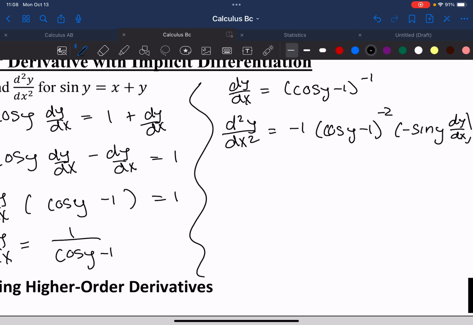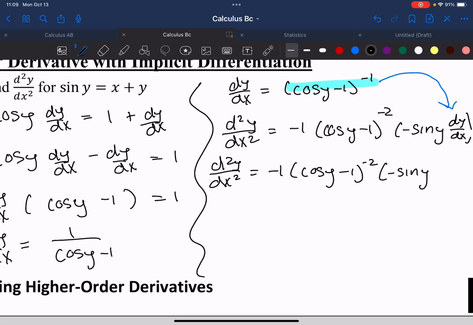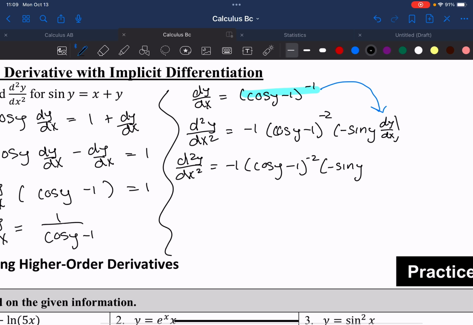So I'm going to plug this into here. So I have d squared y dx squared is equal to negative 1 cosine y minus 1 to the negative second power times negative sine y times cosine y minus 1 to the negative 1 power.